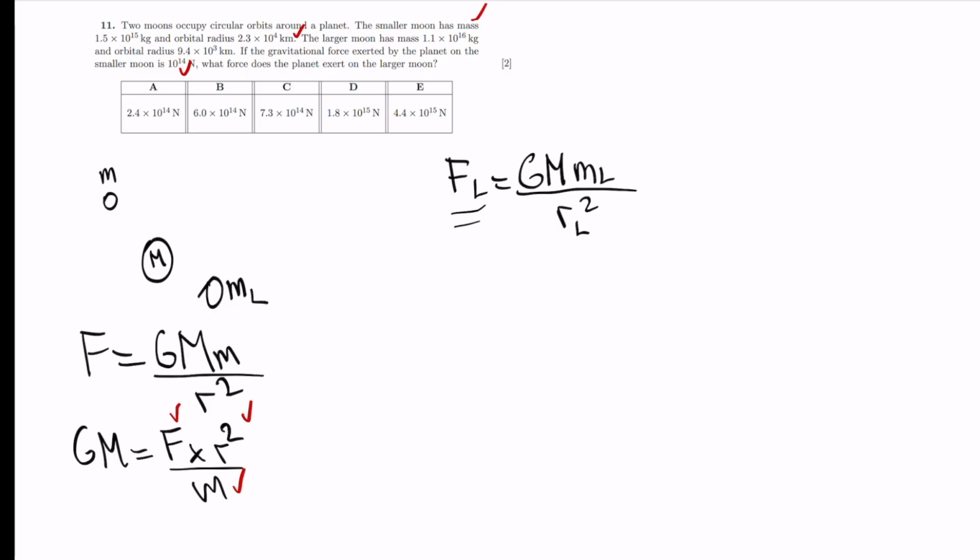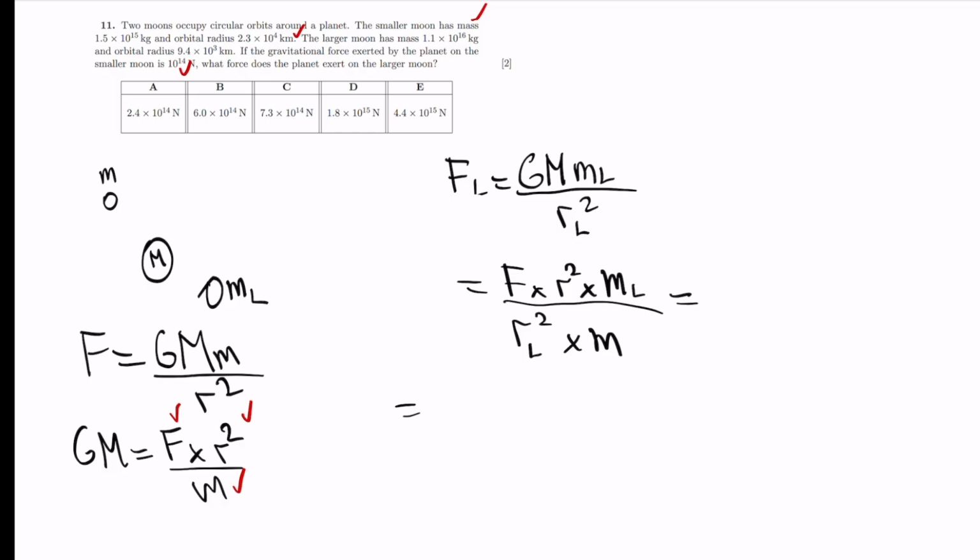We can directly just substitute those numbers into this equation, and we should be fine. Okay, so tell you what, rather than GM, I'm just going to write F times R squared multiplied by m subscript L, and then we're going to be dividing that by a factor of R subscript L squared, and then we also have a factor of m from the previous equation.